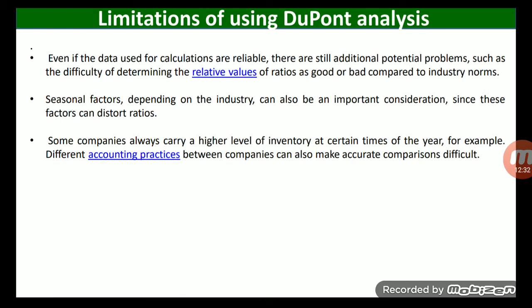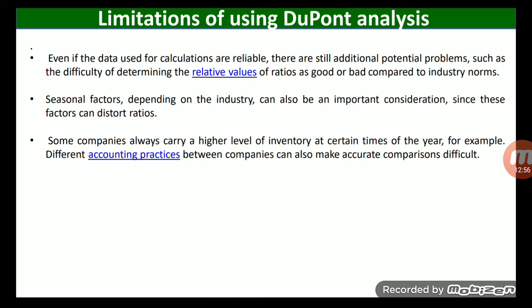For example, one season is good for one company, and another time period is good for another company. These factors can change the ratios.